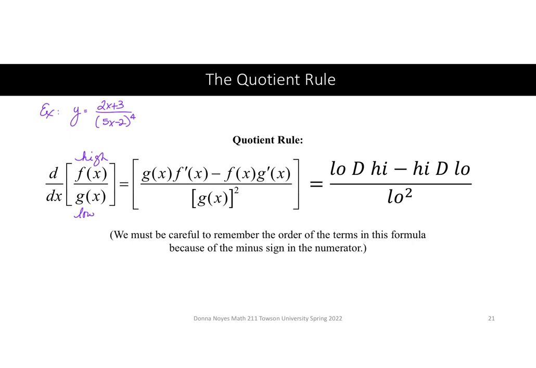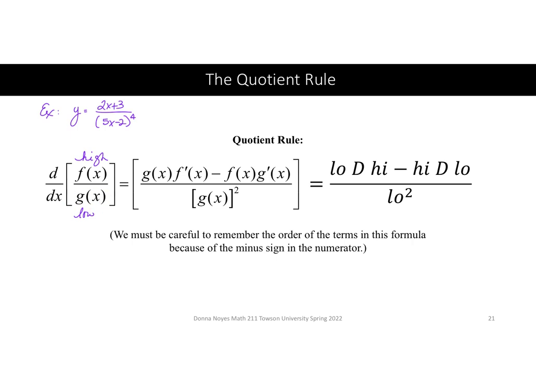And this is a pretty common practice in calculus courses from pretty much everywhere that I can tell. And it's a great mnemonic to remember how you find the derivative of a quotient of two functions. So low D high, so g times the derivative of f, minus high, f, times the derivative of the low, g prime, all over low squared, g of x squared.